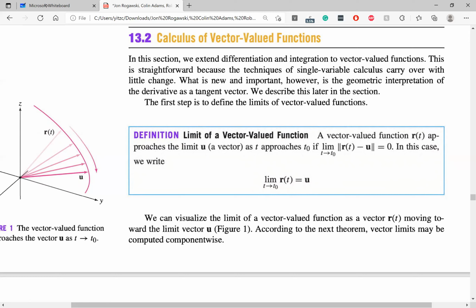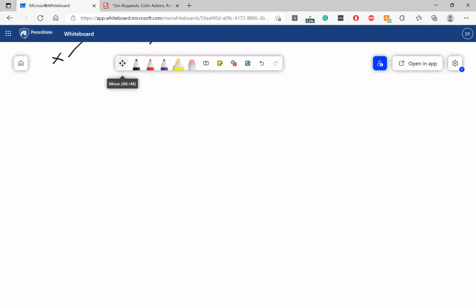So if you have some vector valued function R of t, and you take its limit as t goes to a, let's say.